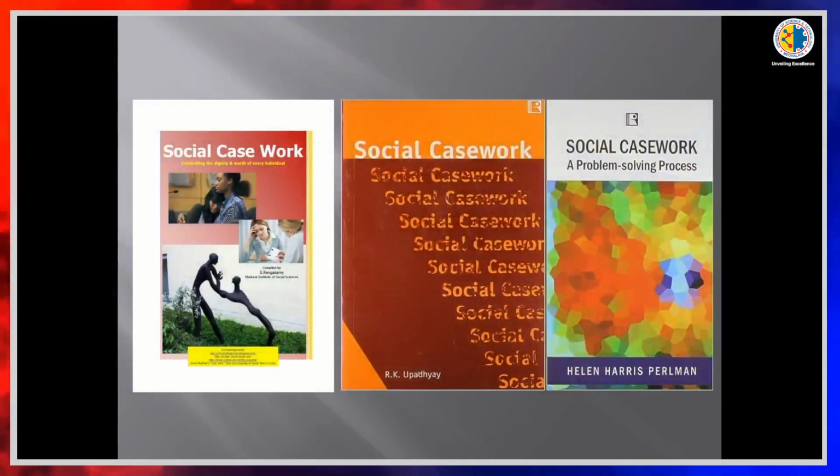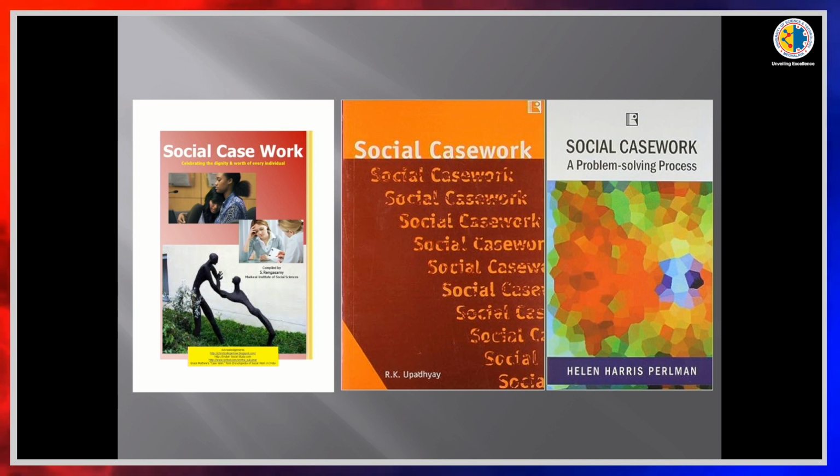Okay. Now, these are some suggestive readings I have put forward for you in this slide, 3 important suggestive readings which I think are most essential. From your left, if you look at the first suggestive reading, it is a social casework reading material developed by Professor Rangaswamy.